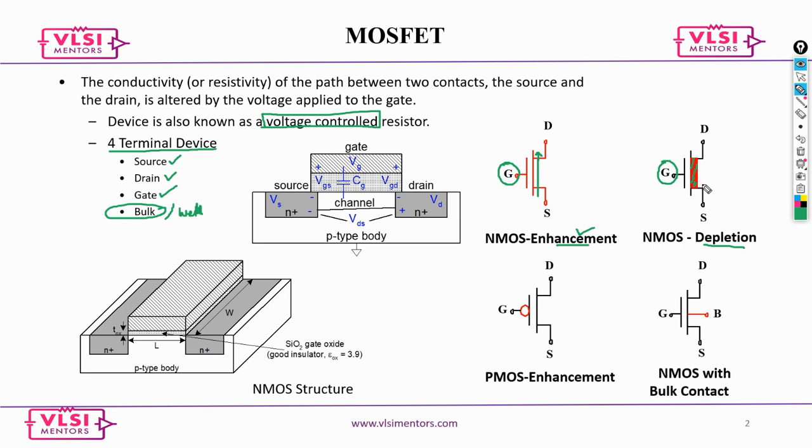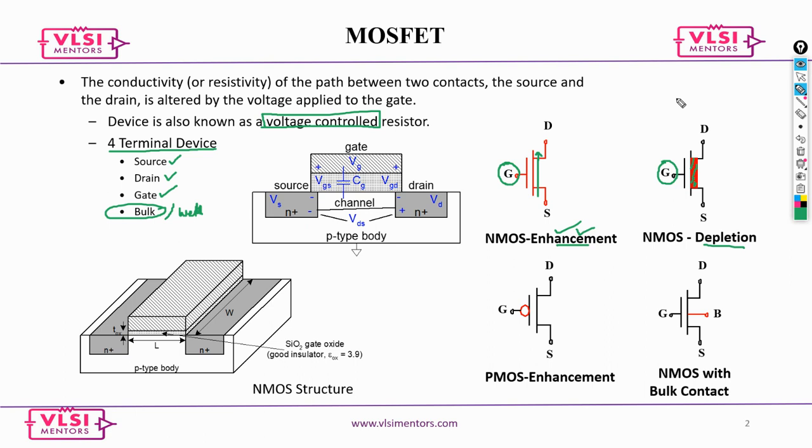Anyway, we will talk about all that. We prefer enhancement mode MOS, and we don't prefer depletion because it is always on, so there is going to be power dissipation. Your dynamic power dissipation may end up on the higher side.